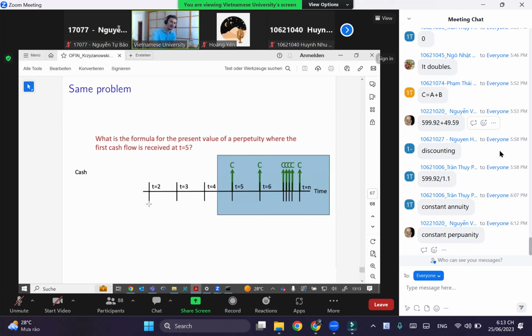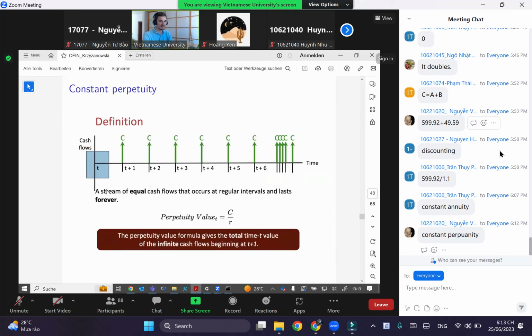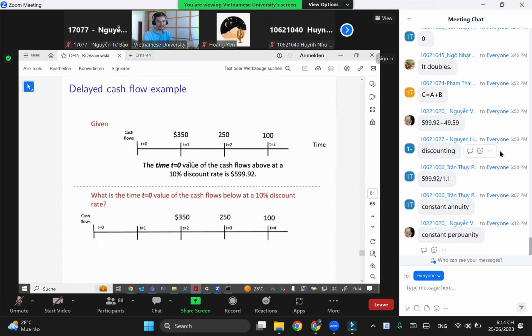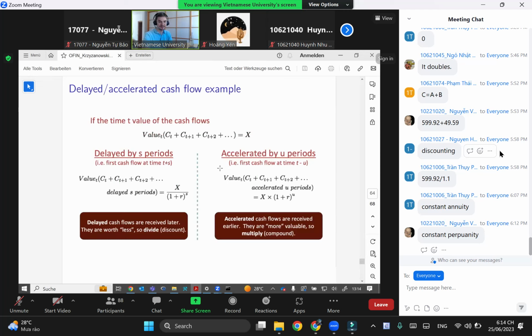In contrast to the normal formula we applied, where we had a time t analysis and in t+1 the payment starts, so the perpetuity value would be c divided by r, if the payment is delayed and doesn't start at t+1 but at t+5 or t+6, then recall what we said here.